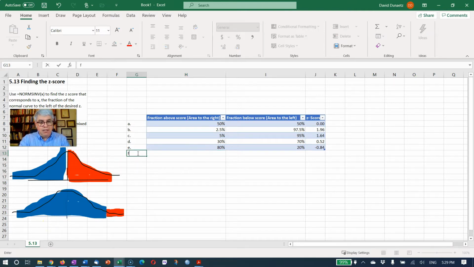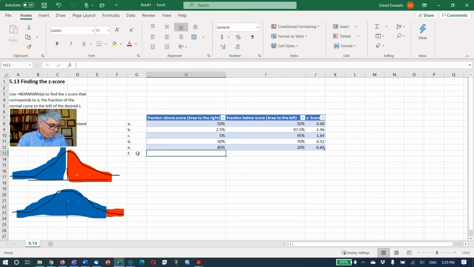And then finally, F is going to be 90%. So this will be 90% of the scores above. So this will be negative again. And that's a minus 1.28. So this is how we start with an area, either on the right side or on the left side, and calculate the z-score that corresponds to it.